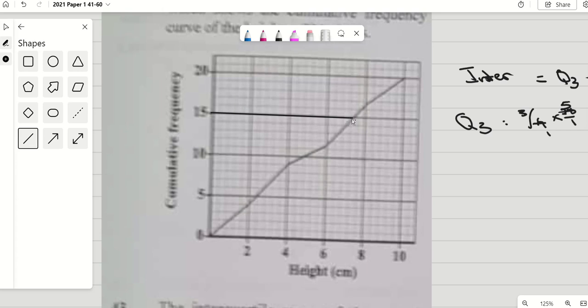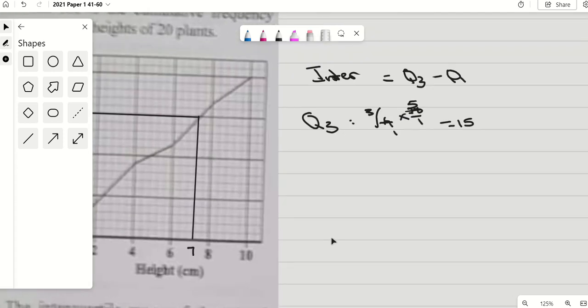You don't need an exact answer, guys, but I will find it. So this is between 6 and 8, right? So let's say 7. That's in the middle. Or maybe around 7, right?